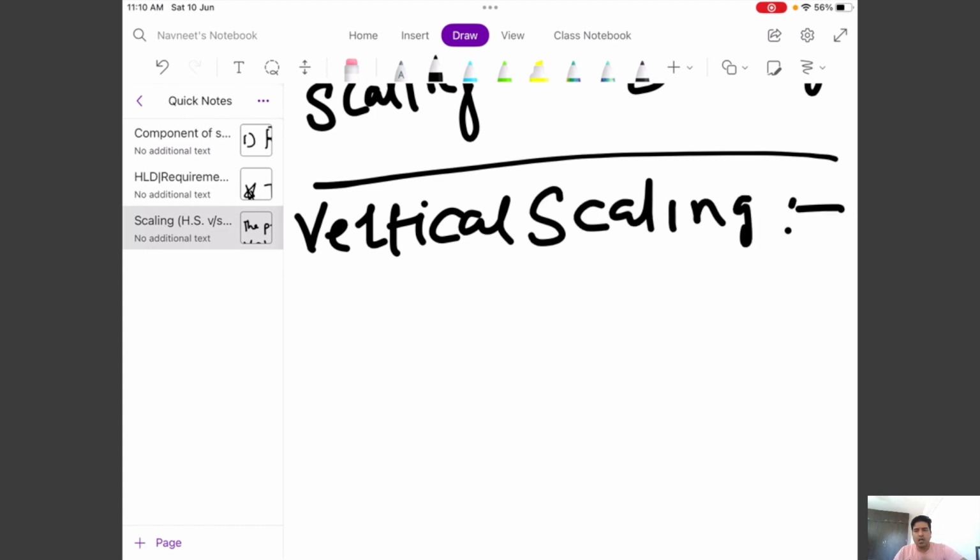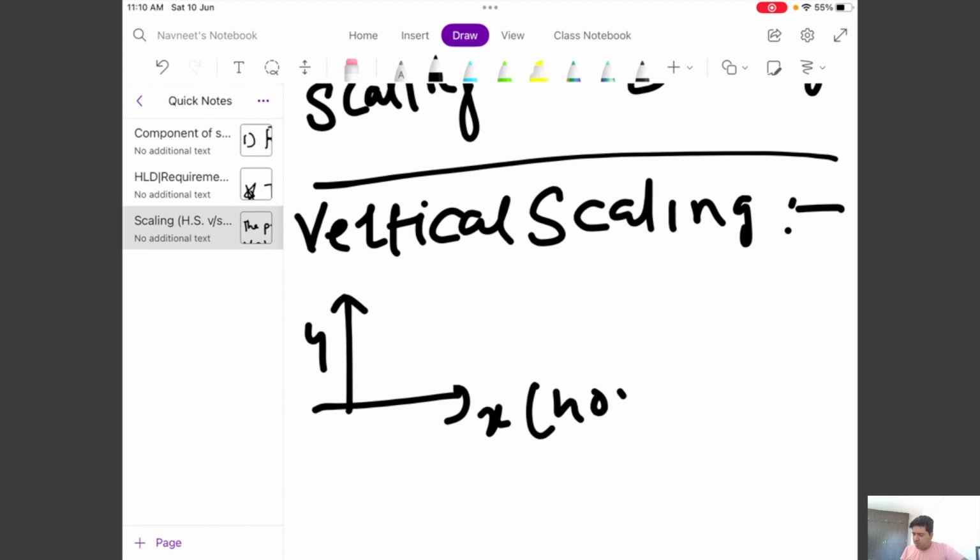What exactly are we thinking when we talk about vertical? This is the axis, this is x and y. So this is nothing but horizontal, and this is nothing but vertical.